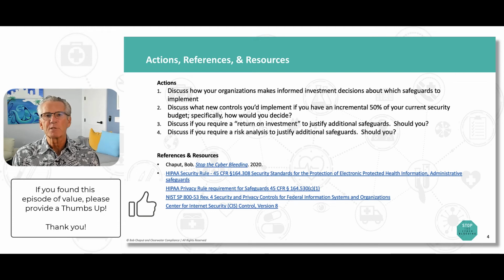In the next episode, if we're going to ultimately implement safeguards and controls, we need to understand how we make informed, intelligent decisions about which controls to implement. That is, which are relevant to our unique risk. In the course of making those decisions, we need to take stock of where we are. What's our current environment like? And what are, again, our unique risks?